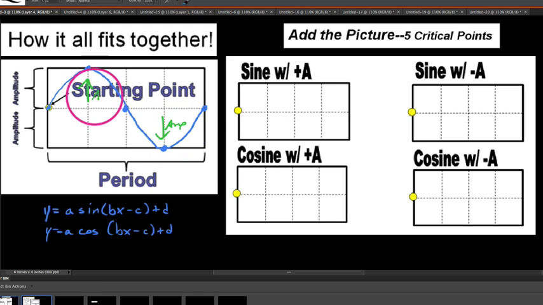Traditionally the parent function's amplitude is 1, but the amplitude in general is half of the distance from our maximum to minimum value. Informally, it's the distance that it goes above or below what we call the midline of the graph, which splits down the middle of the frame. So our amplitude, really importantly, is the height of the frame.